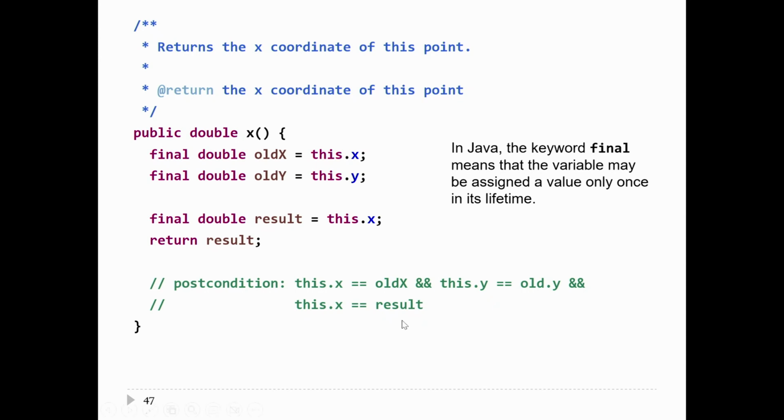The third condition states that the returned value actually is the x-coordinate of the point. And so you have to do all of this work in order to express the postcondition for what is arguably the simplest method that you can write. Notice it's actually very awkward to do, and you can't actually check it correctly because you can't check the postcondition here.